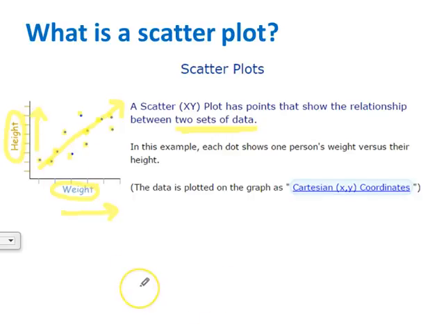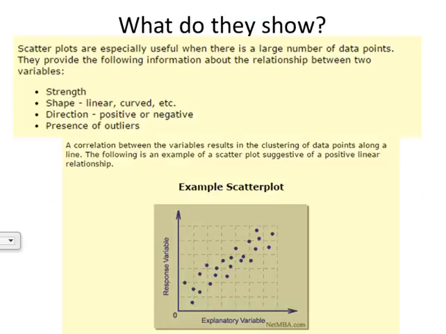So those are the types of relationships that we look for to see if they exist. Sometimes there is no relationship that exists between the two sets of data, and we're going to chat more about that right now. So I'm going to go on the next slide, so if you need more time, go ahead and click pause so that you can take good notes. Remember, you should be taking notes today.